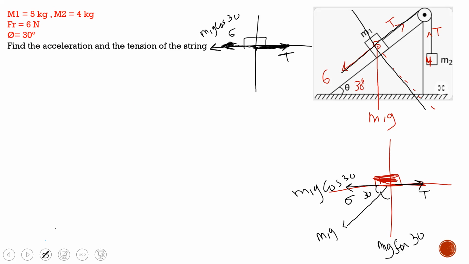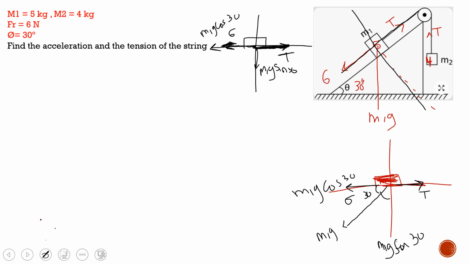Now, downward we have M1G sine 30, but I didn't use the downward. It will be neglected. I will only talk about the action and the resultant force on the x-axis.